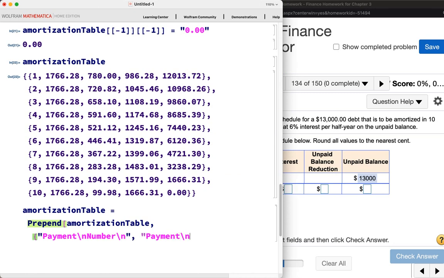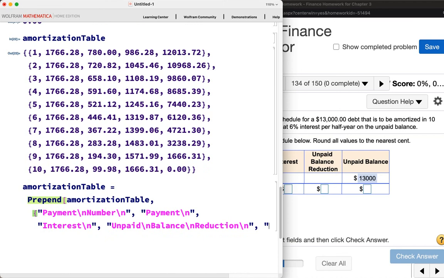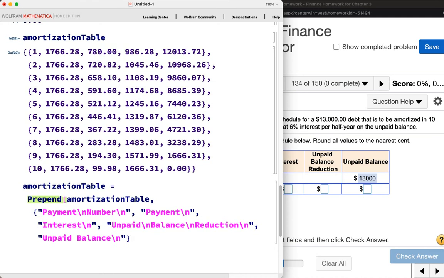By the way, that \n just means I'm skipping a line. You'll see what I'm doing in just a moment. And then interest, unpaid balance reduction, which is really the same thing as the portion to principal, and then unpaid balance, and I believe we should be good.